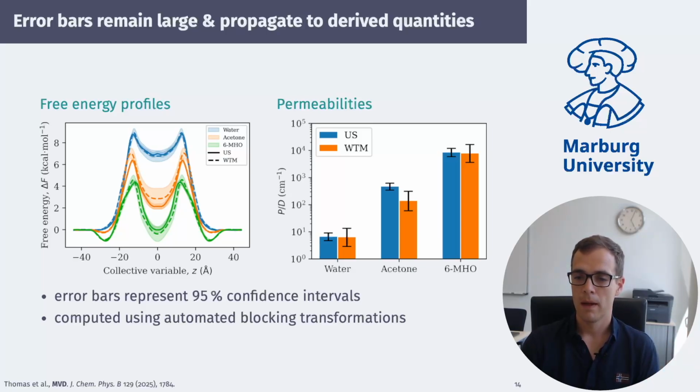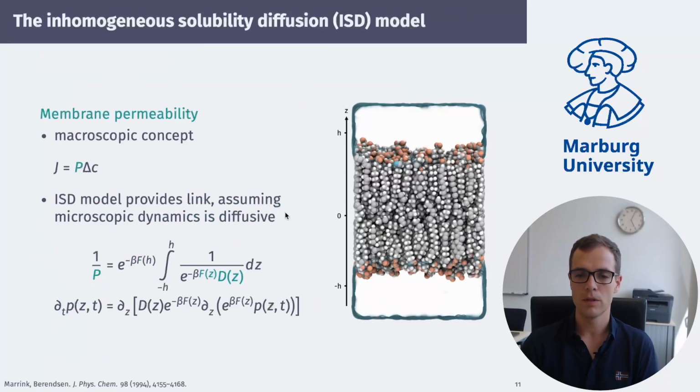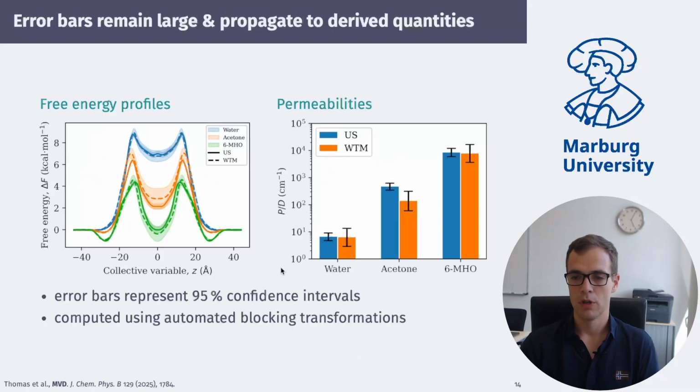So an order of magnitude is typically okay. So I should stress that these are not perfect permeabilities yet, but more reduced permeabilities. And the idea is basically if you assume that your diffusion profile is actually not a profile but a constant, then this goes out of the integral and you can report something like a reduced permeability P over D, which is what we showed here.